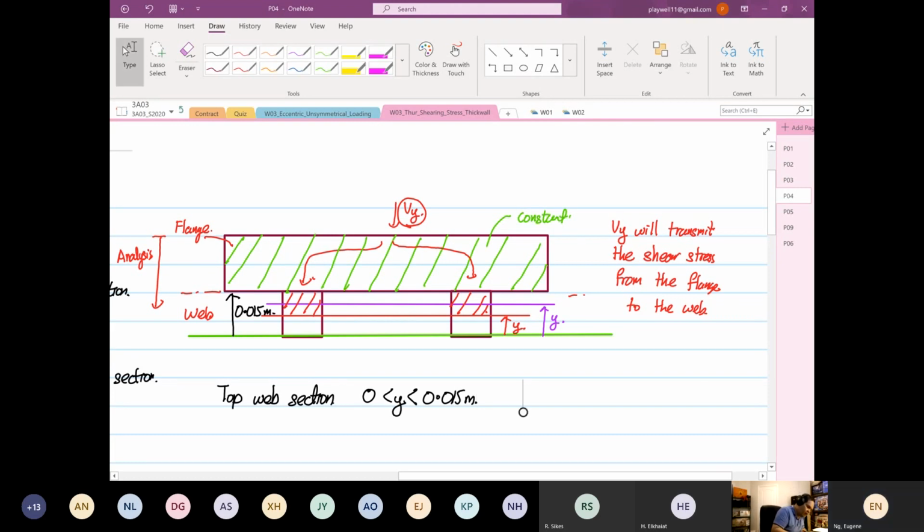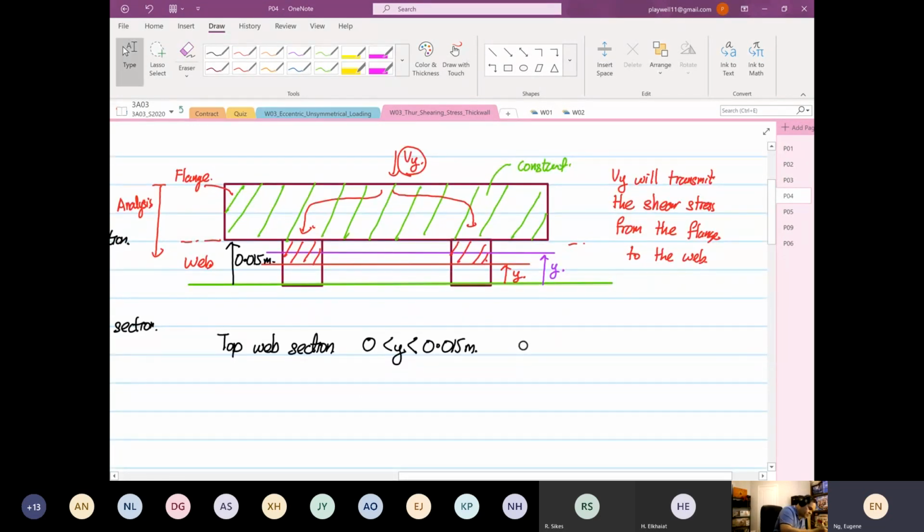So our first moment of area now is equal to Q, the first moment of area about the flange, plus the first moment of area of the web.